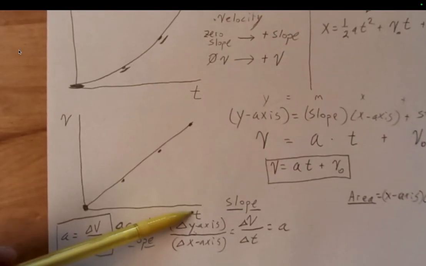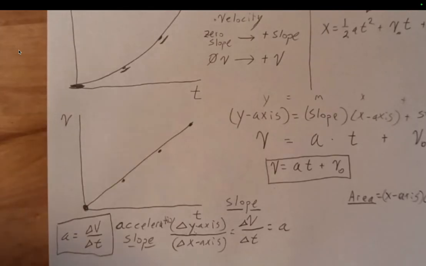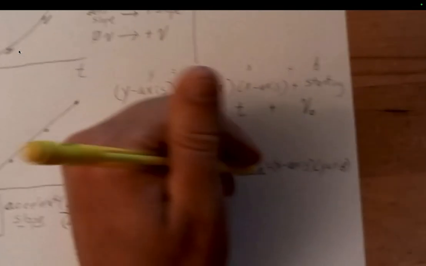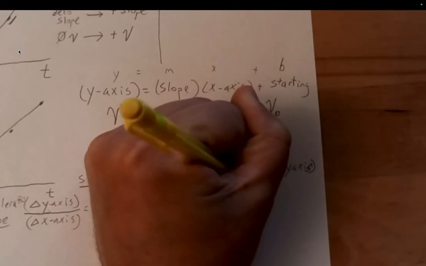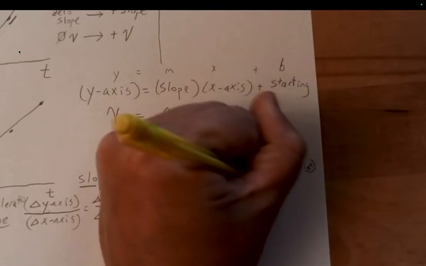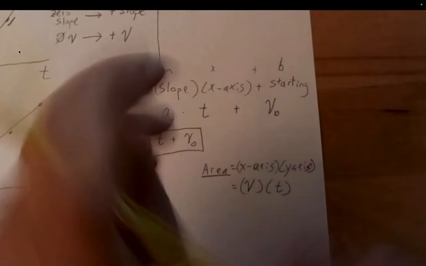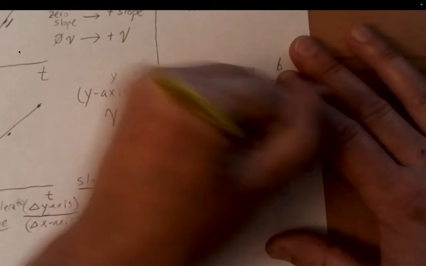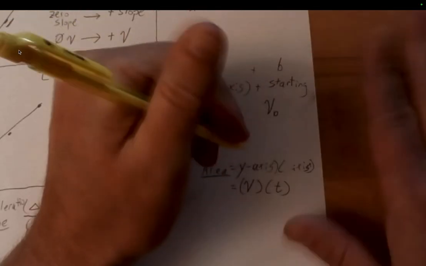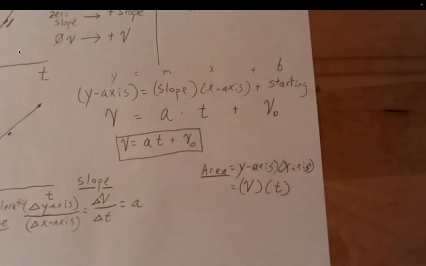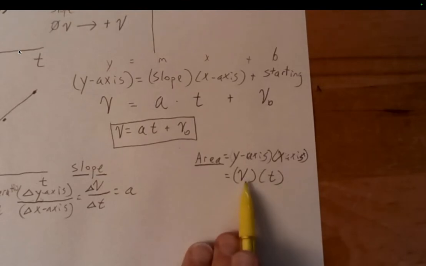So on this graph, on the x-axis, we have time, and on the y-axis, we have velocity. So the area here is going to be velocity times time. And I'll change this right here. Y-axis times x-axis. So velocity times time.